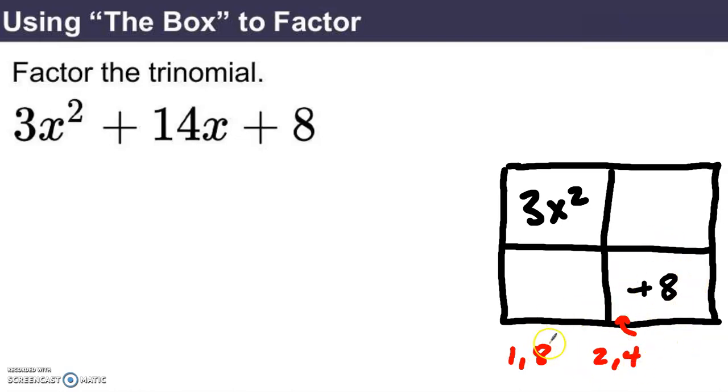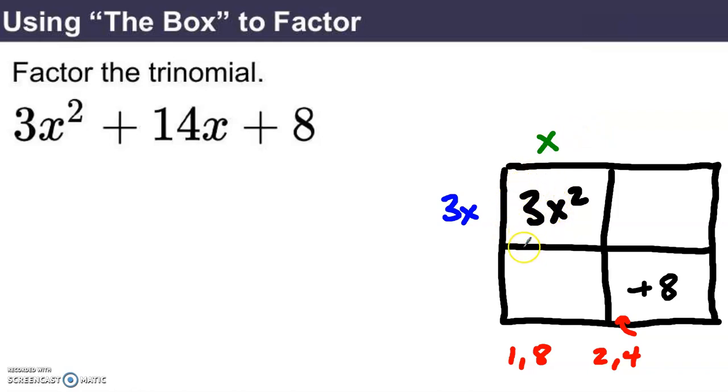The difference here, though, is that when I work on 3x squared, I can't just use x and x. I'm going to have to think about how to multiply numbers together to get 3x squared. It helps that the only two whole numbers you can multiply to get 3 are 1 and 3. So in this example, one of them must be 3x, and the other one must be x. It would be a different case if there were other options for whole numbers we can multiply to get the coefficient.